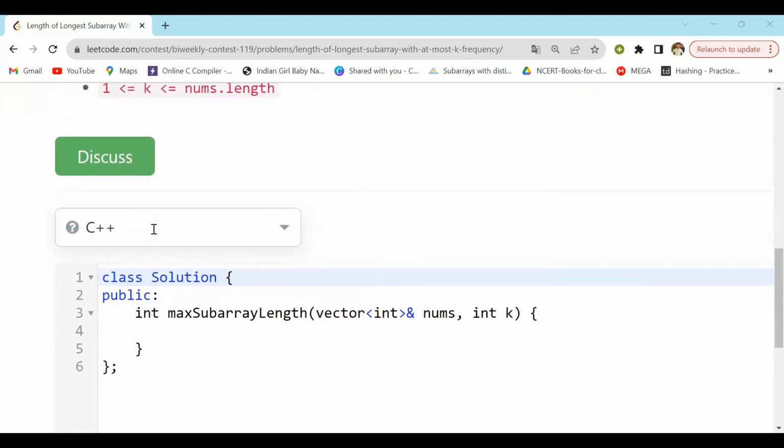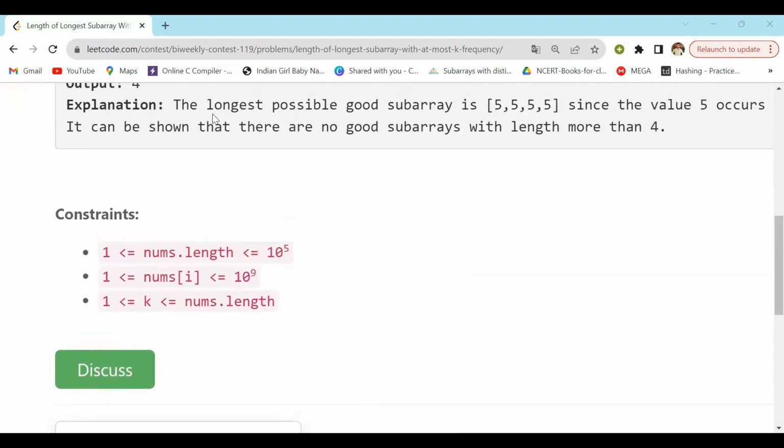I think this question is quite clear. You can code it, right? Let me open the mic. If you can say, you can code this question, right? Okay, I think, yeah.